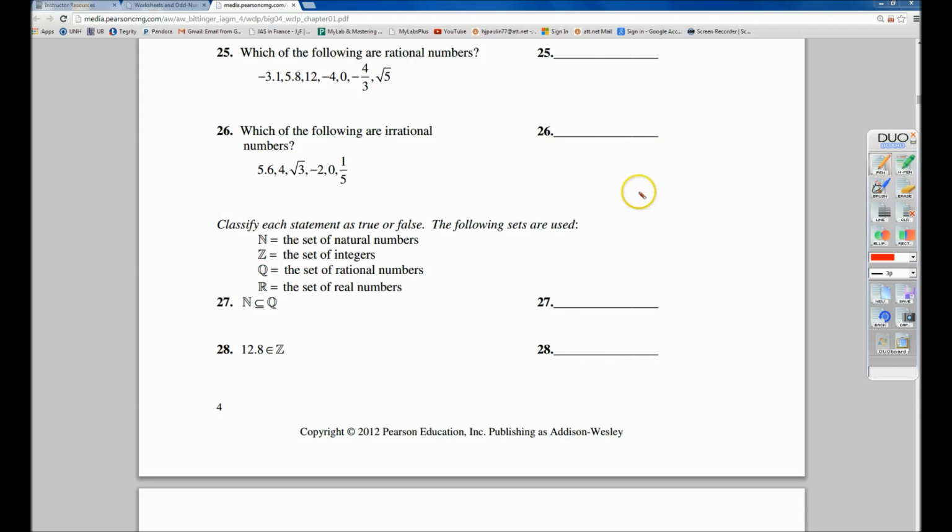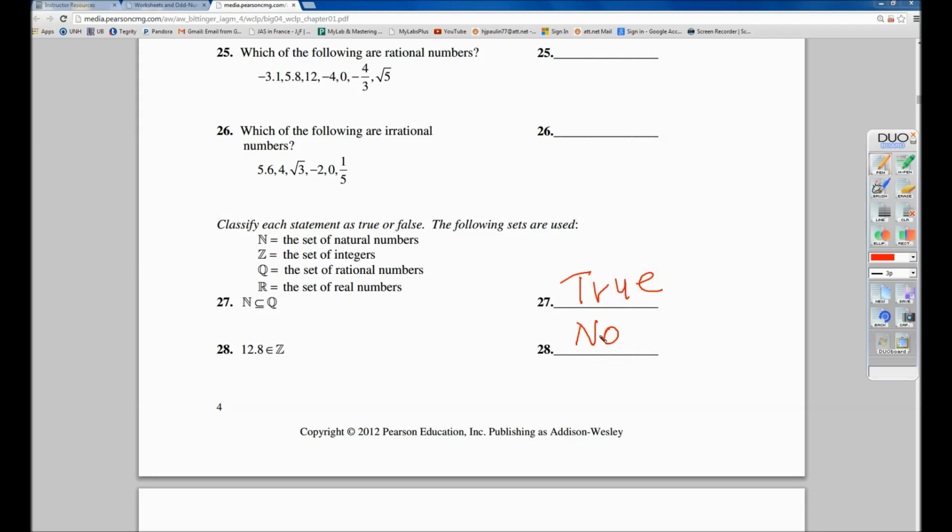And that is true. Now, is, and Z is a set of integers, is 12.8 an element of the set of integers? It's not a whole number, so the answer is no. That would be not true.